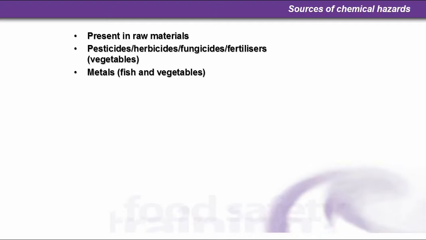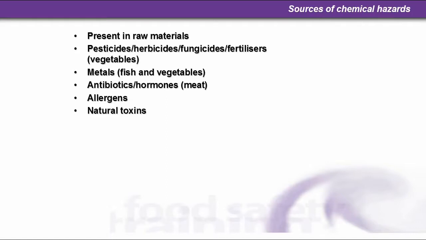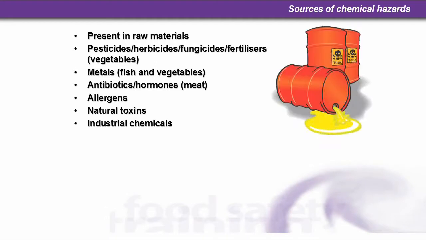Metals could be present in fish and vegetables, especially heavy metals in coastal areas where mining activities have taken place near the coast, and this does give rise to high metallic contents of things like chromium and cadmium and zinc, etc. Antibiotics and hormones from meat, allergens, of which there are 14 different types, natural toxins from different foods, industrial chemicals.